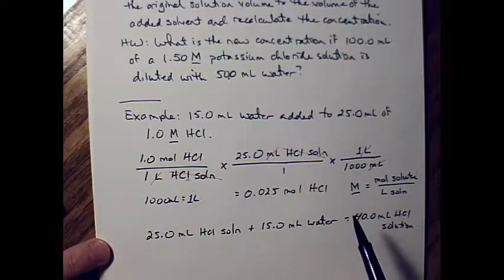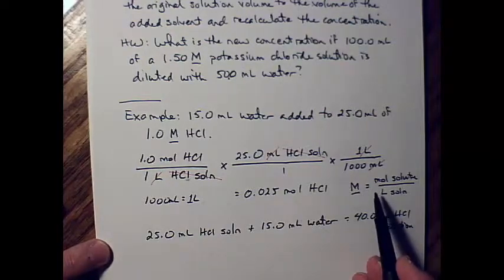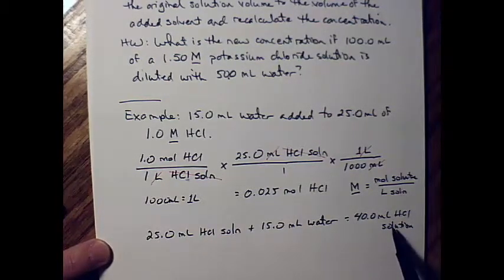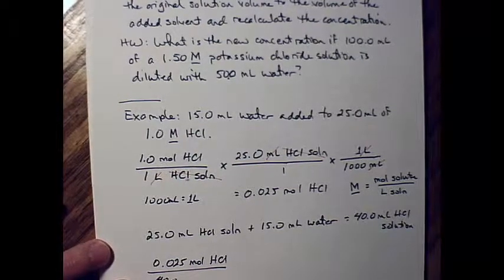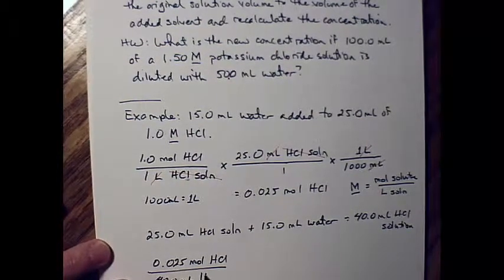So we're going to put it all back together now. We're going to take the moles of this and put it over liters of this, but this isn't in liters yet. You can convert it to liters first, or you can do it all as one problem. Take the 0.025 moles hydrochloric acid and put it over the 40 milliliters, the new volume of this HCl solution.